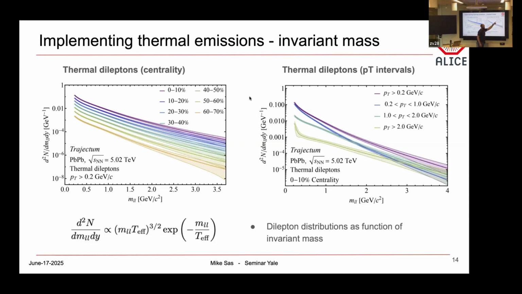Because this is higher PT, you would require on average a higher temperature. So the reason is that different PT cuts will imply different average emission times of the dileptons, and this changes the shape. So if you make analysis selection cuts, you will highlight different points of the evolution of the QGP. That's why the shape changes.